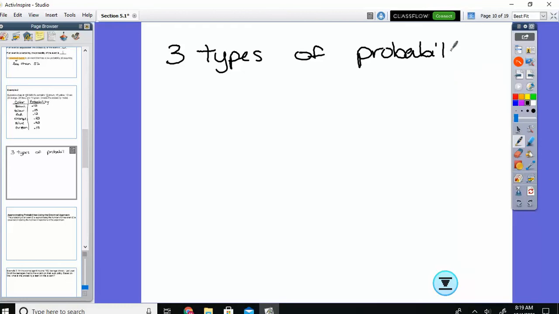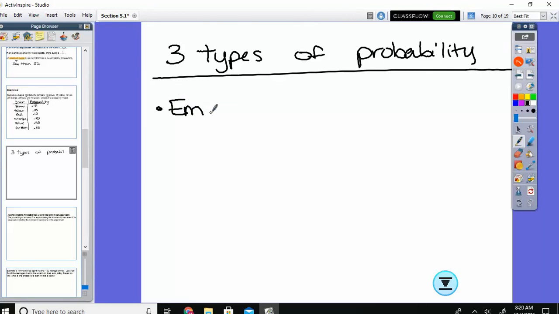There are 3 types of probabilities. The first is empirical. So an empirical probability is basically like when we talked about flipping the coin.